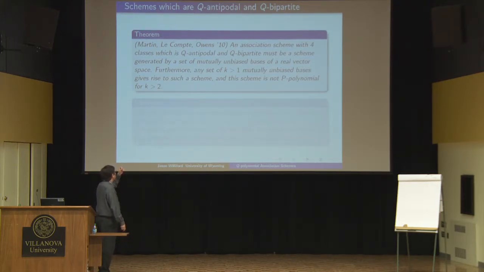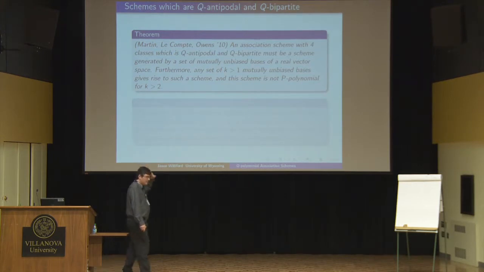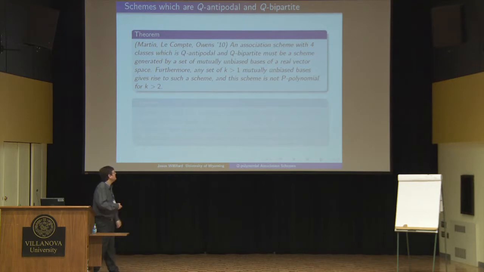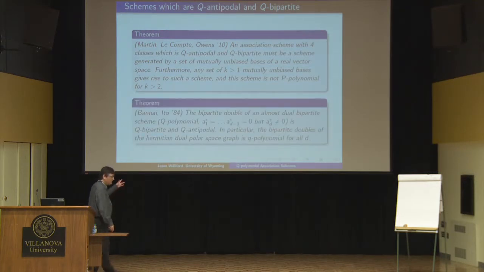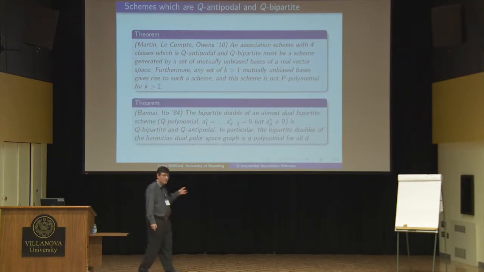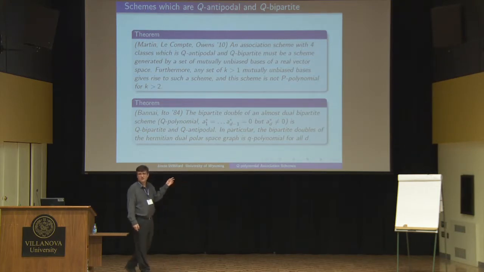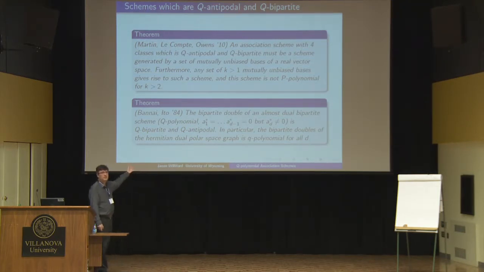For 4 classes, these are characterized as real mutually unbiased bases. This is a relatively recent result of Martin and 2 undergraduate students. I'll also mention an infinite family of Q bipartite Q antipodal schemes that are not from distance regular graphs. This is one of the motivations behind the primitive Bannai-Ito conjecture I mentioned earlier.